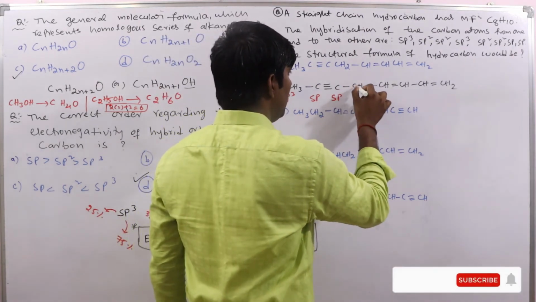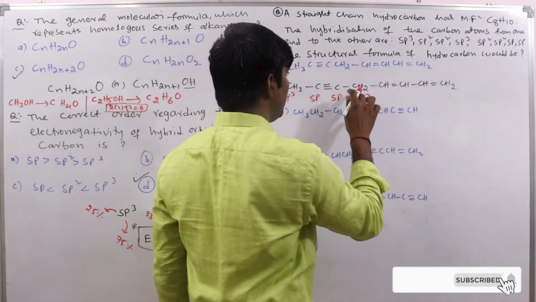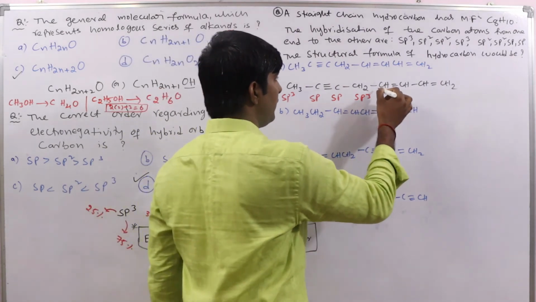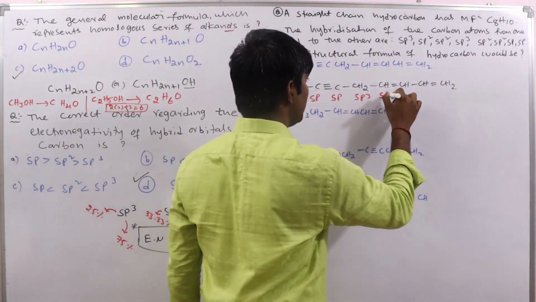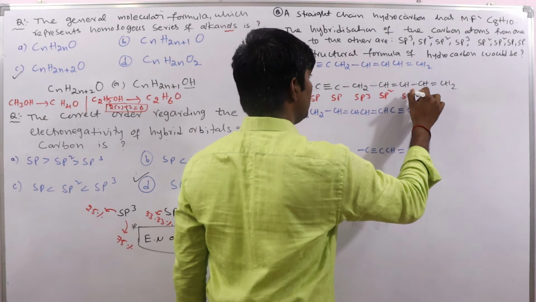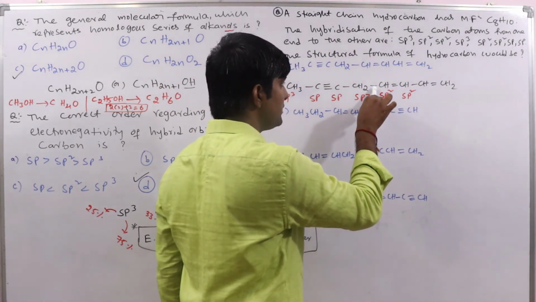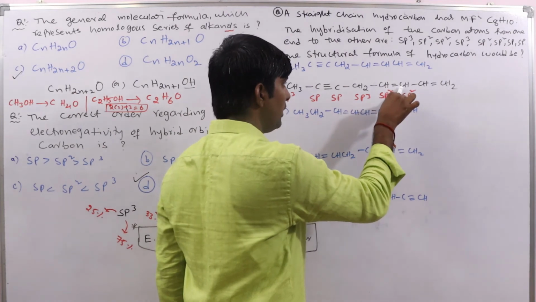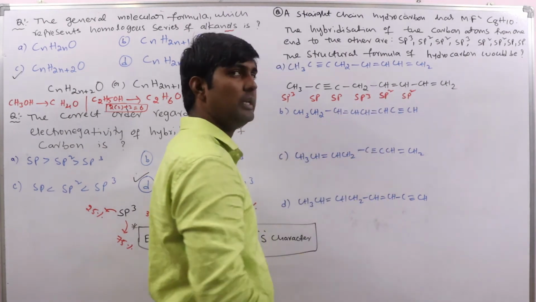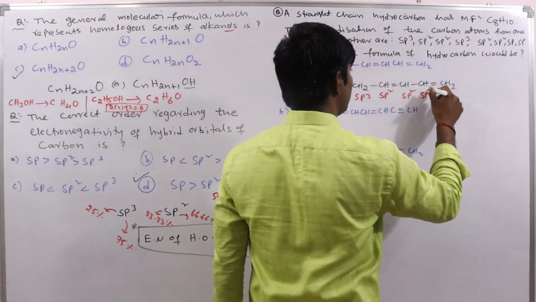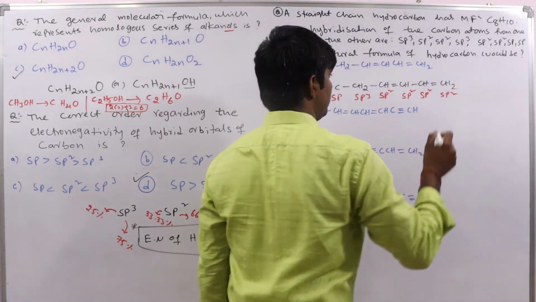Here all are sigma bonds, sp3, with 1 CC and 2 CH sigma bonds, total 4 sigma bonds. For this, 3 sigma bonds, sp2. For this also 3 sigma bonds: one CC bond, another sigma bond and one CH bond, total 3 sigma bonds.